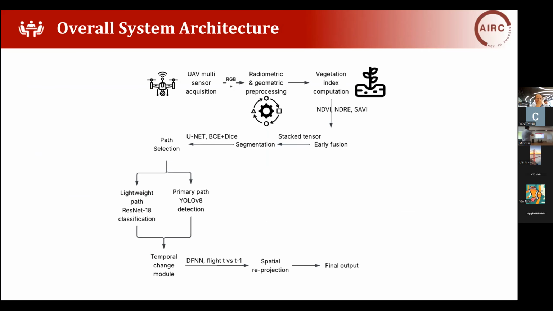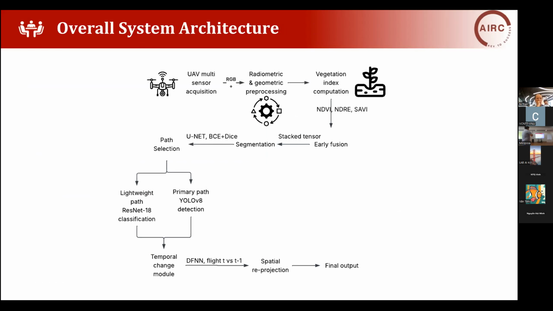So in the overall system architecture, the same method will be used, with vegetation index pre-computation. After that, in early fusion, we have a stacked tensor so that the segmentation process will improve the yield data set, and then you can have a patch selection.